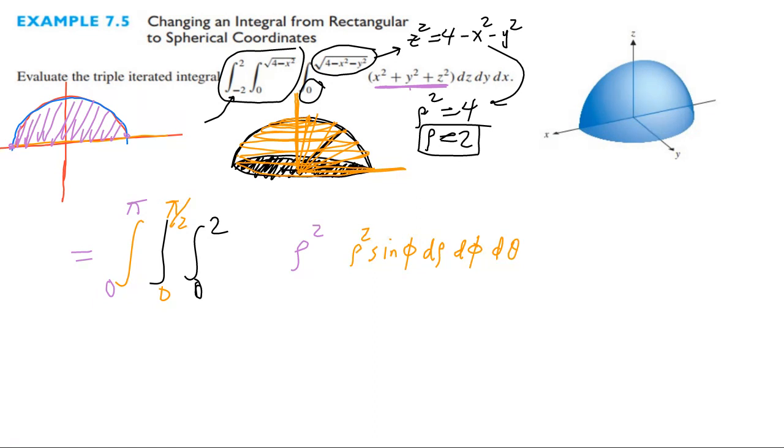And now you can integrate this. Sin phi again, we don't need it outside. Rho to the power 4, so rho to the power 5 over 5, from 0 to 2.